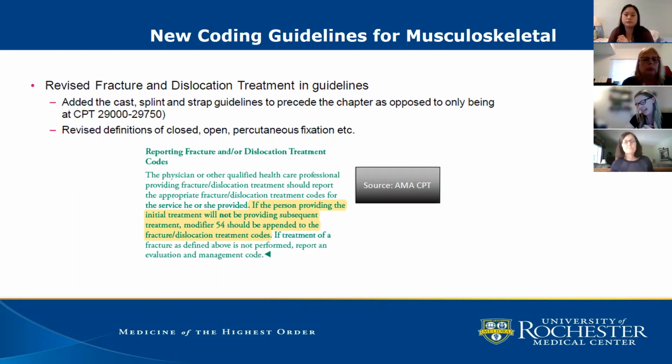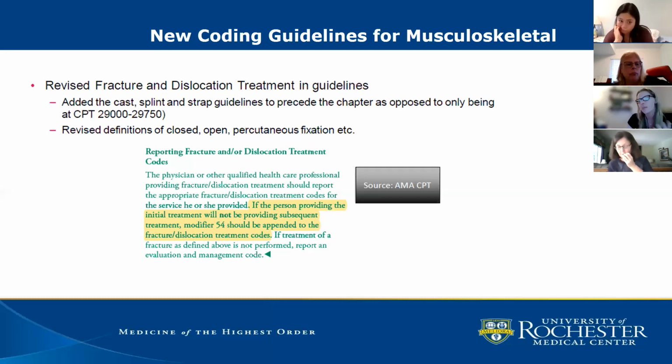With this guideline, it's saying that if the provider who's providing the initial treatment is not going to be providing the subsequent treatment, it would be appropriate for that provider to append the modifier 54, which is for surgical care only, to the fracture or the dislocation treatment code.